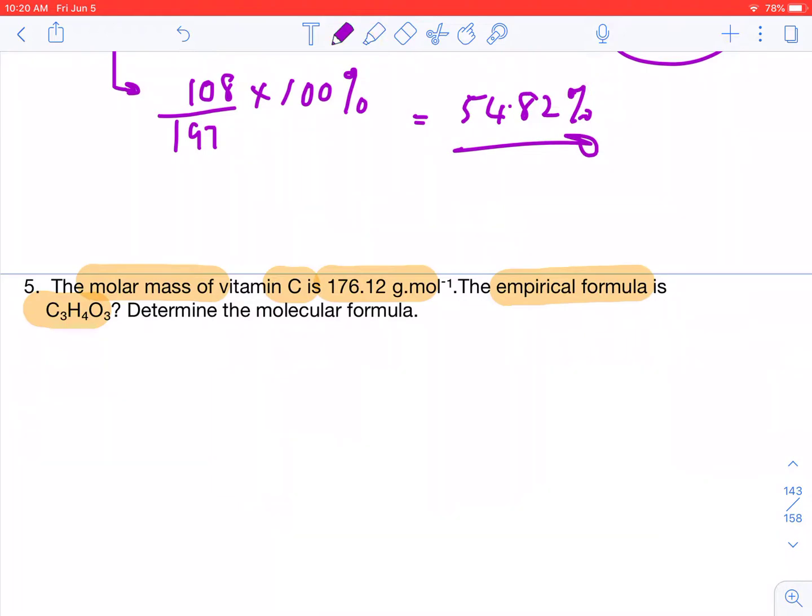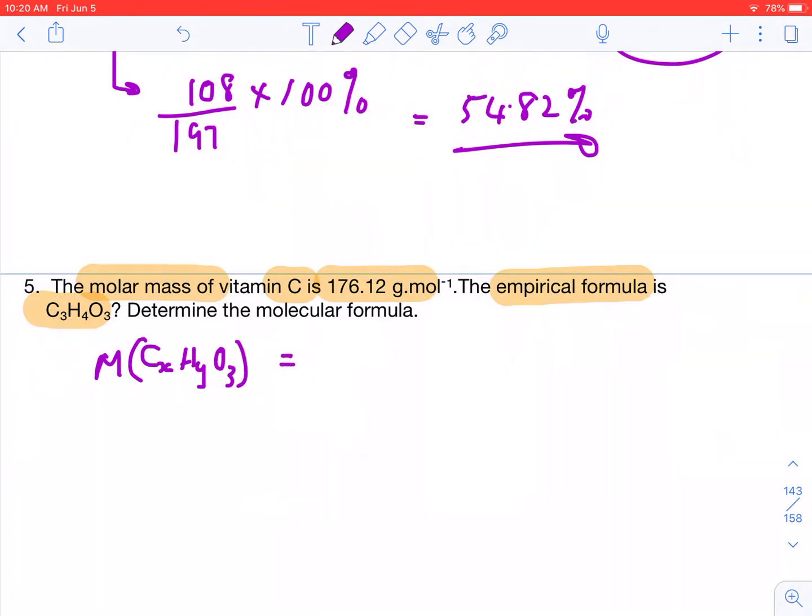So if we look at this, we know the molar mass of this particular sample, but we don't know what the formula is. It could be CxHyOz. That's the molecular formula.